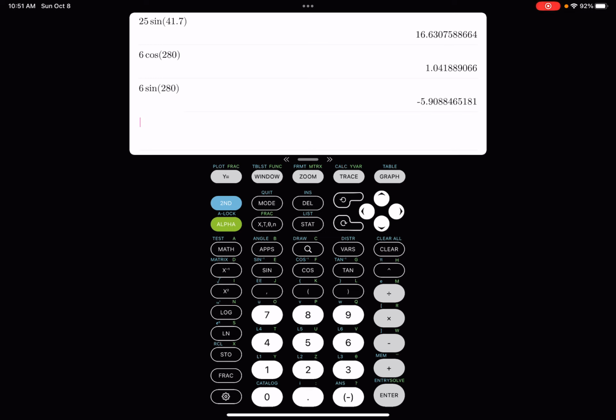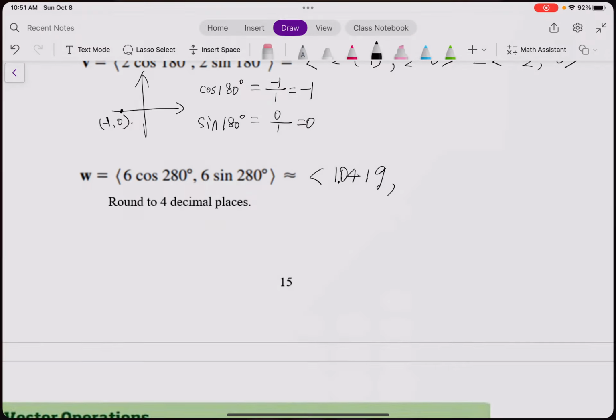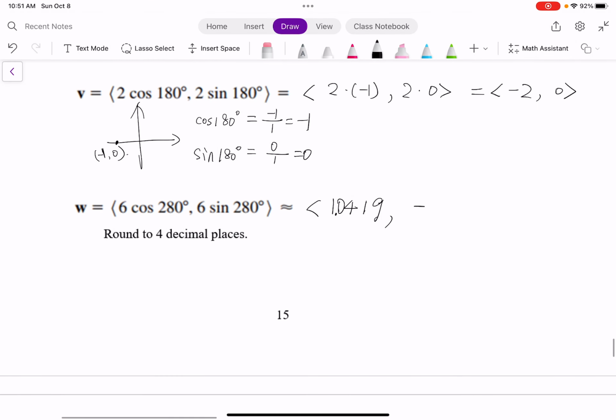That's -5.9088. Yes, it doesn't matter that you have a negative value. So -5.9088. All right, we're done.